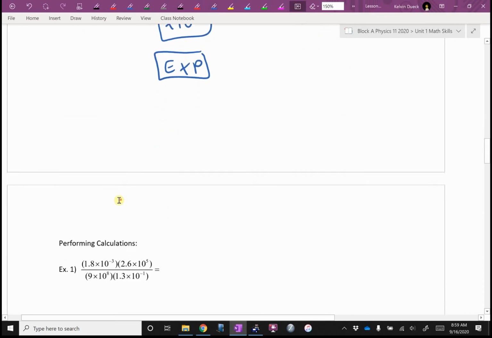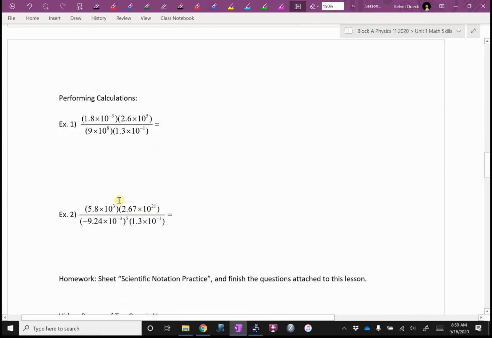All righty. So, performing calculations. Turn the page over, I think. Lazy but organized. I'm going to give you some advice with calculators.